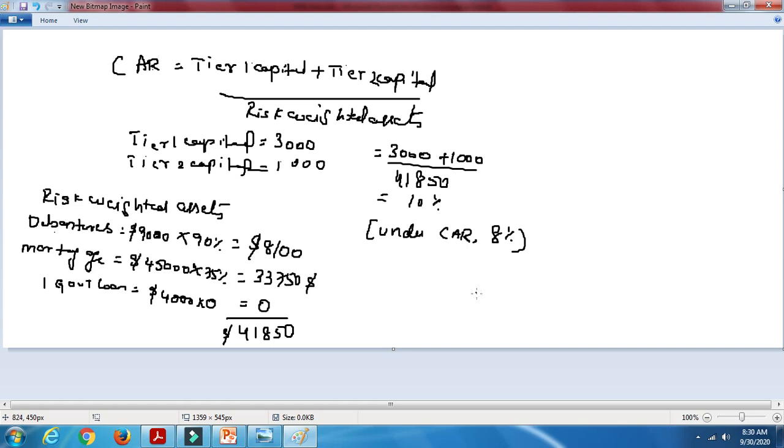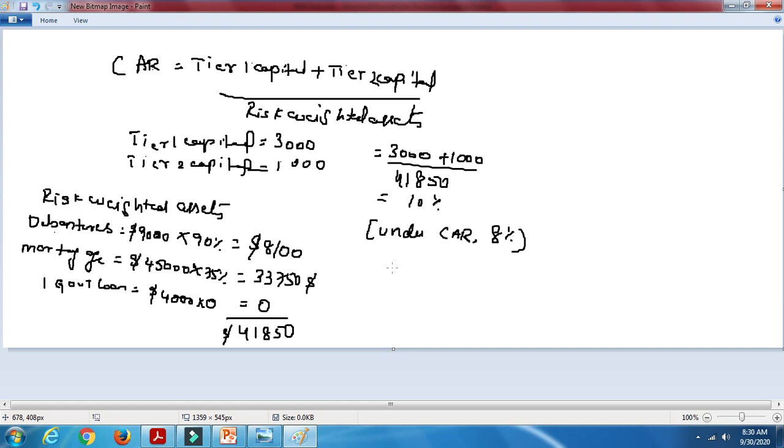That means it has enough capital to cushion their potential losses and protect the deposits. So it has enough money to safeguard itself if any losses come to the banks, because their liquidity also plays a very important role.